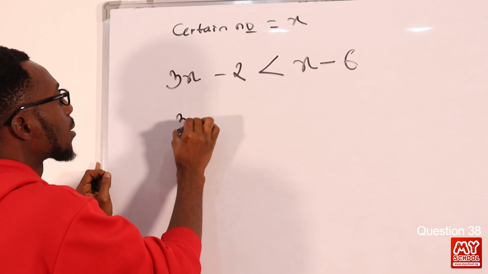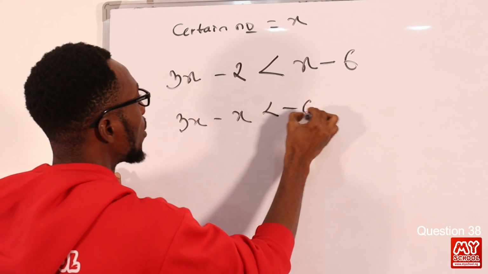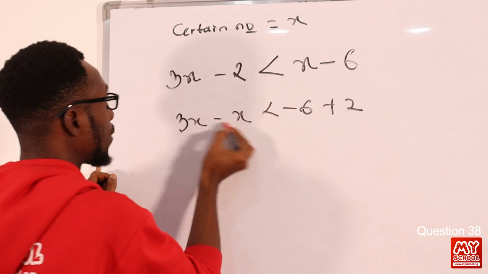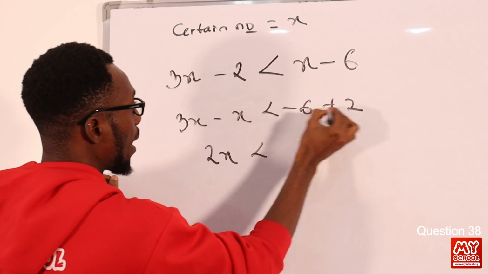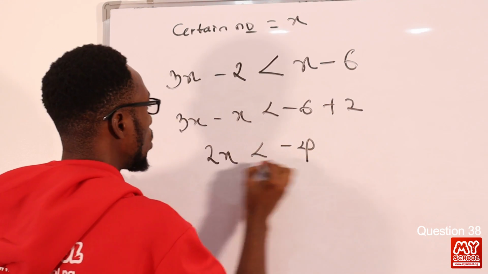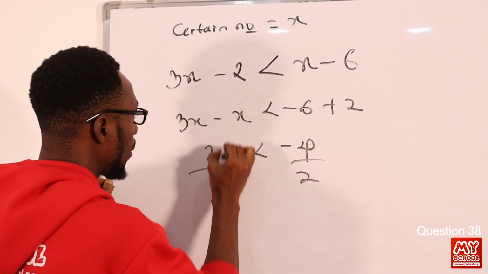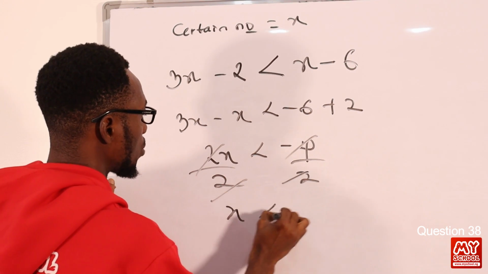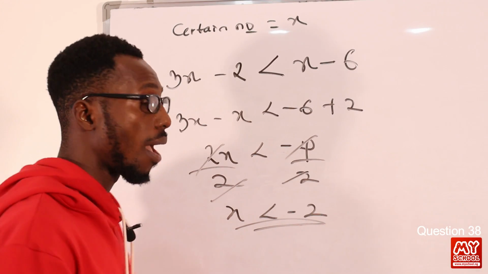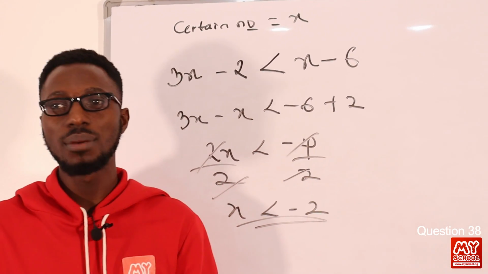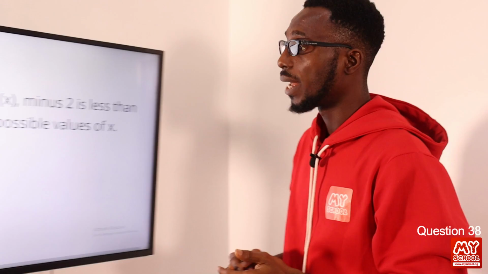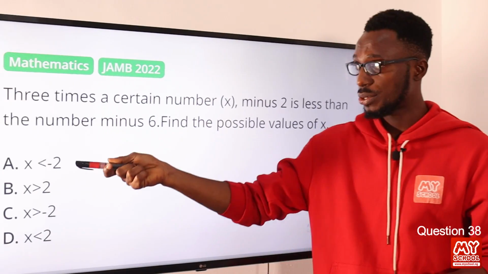So I have my 3x minus x is less than minus 6 plus 2. So I have 2x is less than minus 4. Dividing both sides by 2, I should have my solution as x is less than minus 2. So let's check together. We have that in option A. So option A is what we are looking for.